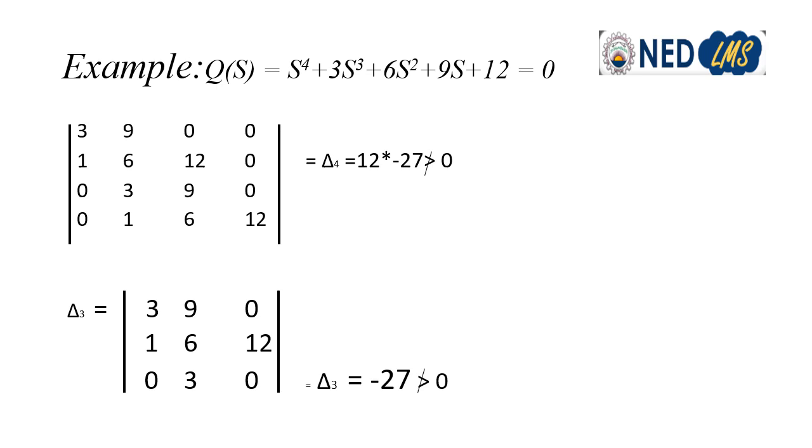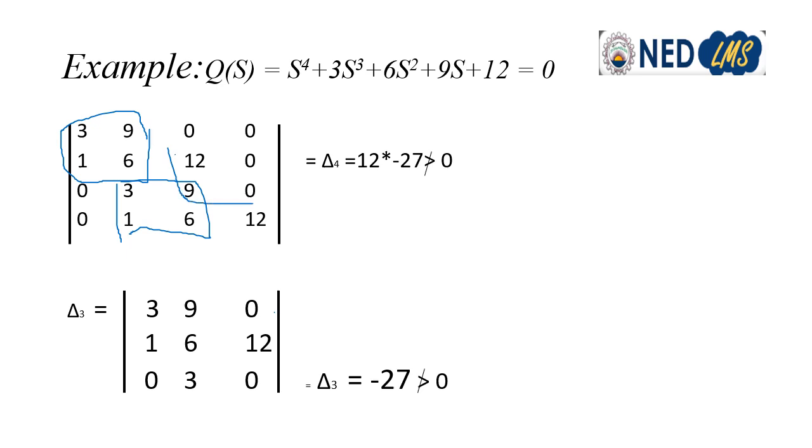Then we simply copy this 3, 9, 1, 6 here. We have simply moved it from here to here. This is how we complete it. And next we'll put 12, 0, 9, 0.